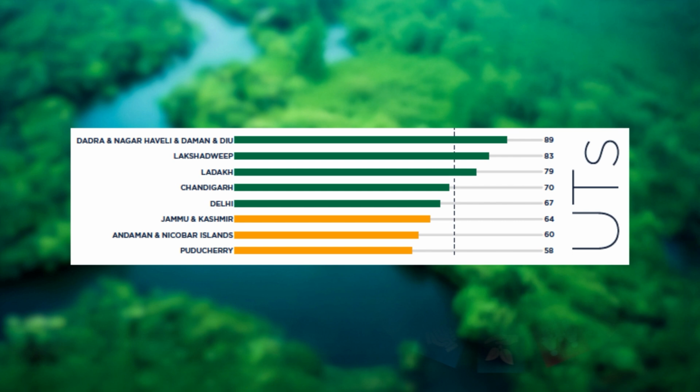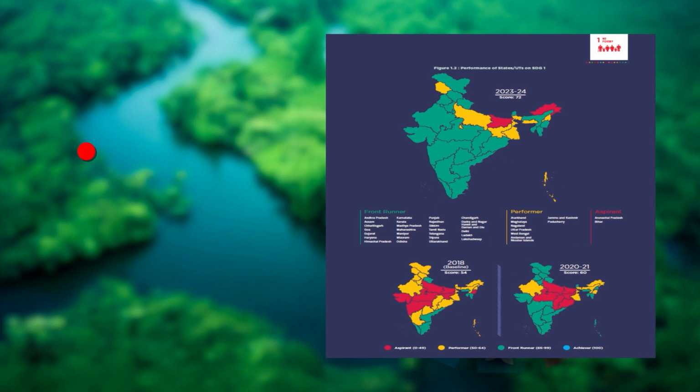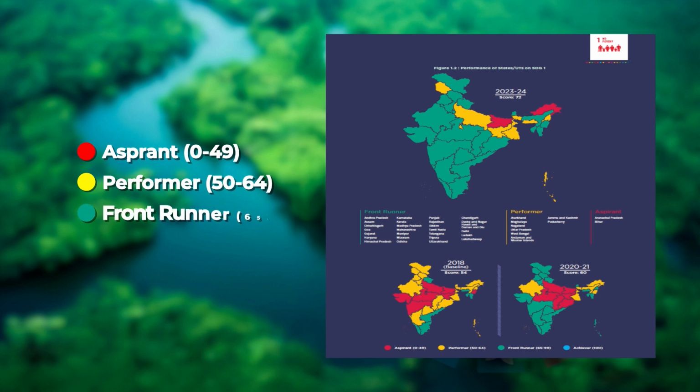Here you will see the map, how it is moving from 2018 to 2020 and 21. The red indicates aspirant, which has a score of 0 to 49, and yellow indicates performer, with a score of 50 to 64. Green indicates front runner, with a score from 65 to 99, and blue indicates achiever.